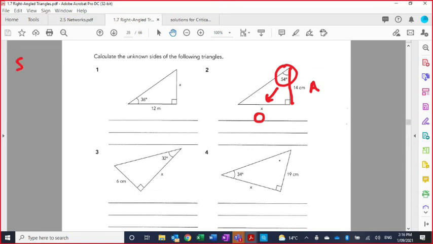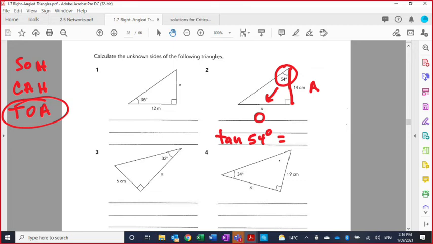So again, we have SOH CAH TOA. And this one uses O and A, so that's TOA. So it's the tangent of 54 degrees is equal to opposite over adjacent, which the opposite in this case is our x. Oh, that's nice. This one's going to be even easier to solve.